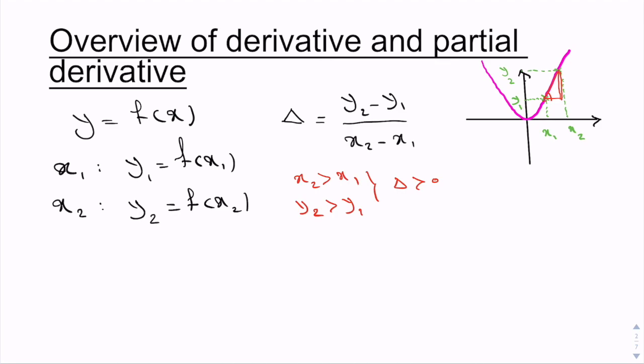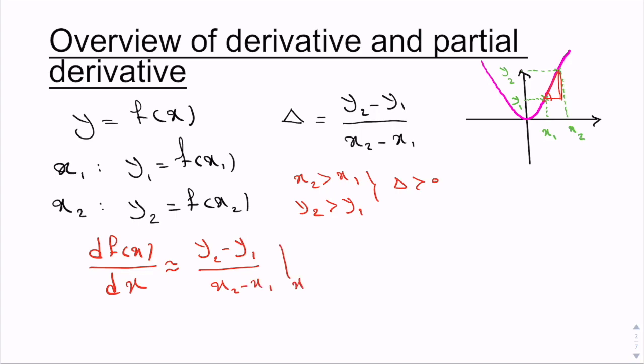So basically we say the derivative of f of x with respect to x is approximately equal to y2 minus y1 divided by x2 minus x1 when x2 approaches x1.